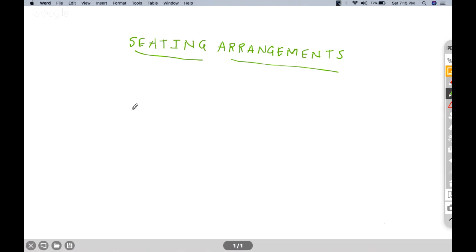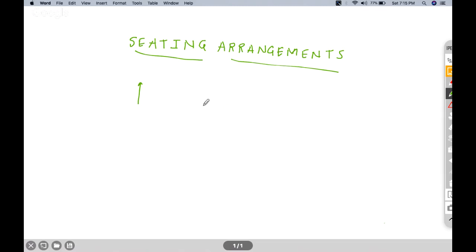Why? Because always it would be written that A is sitting right to B, B is sitting left of C. How the direction in which the objects are facing matters is like this.